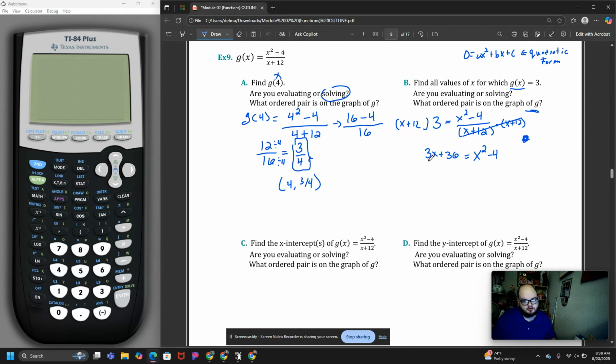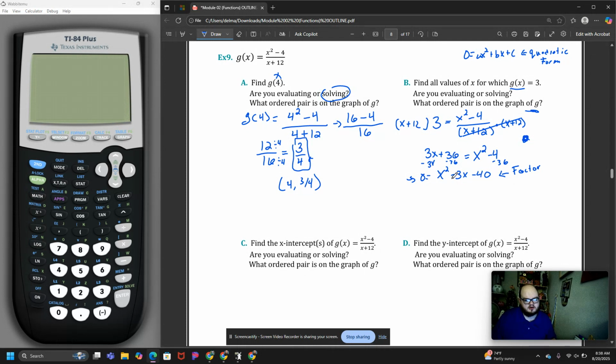Okay, and we just subtract these over. So then it becomes x squared minus 3x, and the 36 has to go over too. So that's negative 40. Okay, so now we're good. We're in normal quadratic form. So now we need to what? Our favorite friend, factor.